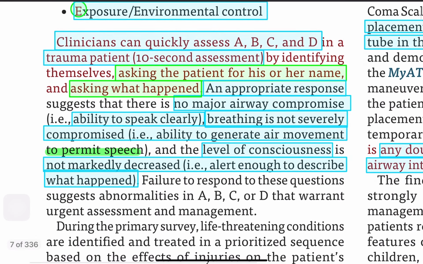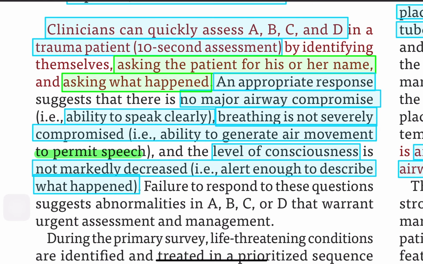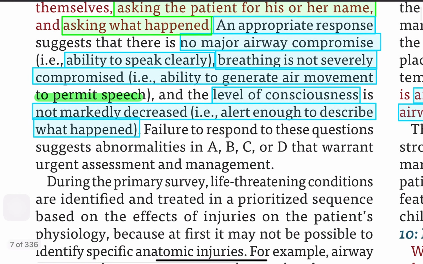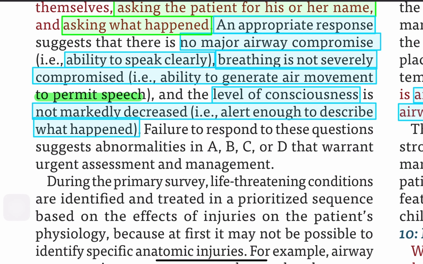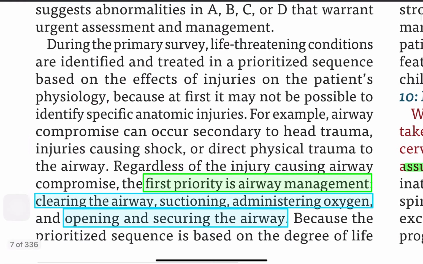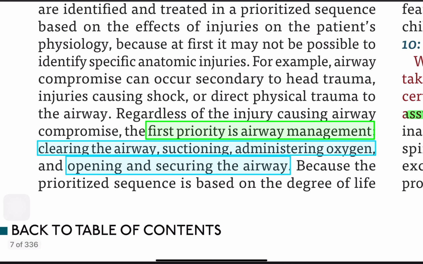By asking the patient's name and what happened, if there is an appropriate response, we can assess there is no major airway compromise, that is the ability to speak clearly; breathing is not severely compromised, that is the ability to generate air movement; and level of consciousness can also be assessed if he can describe the event. So the first priority is airway management.